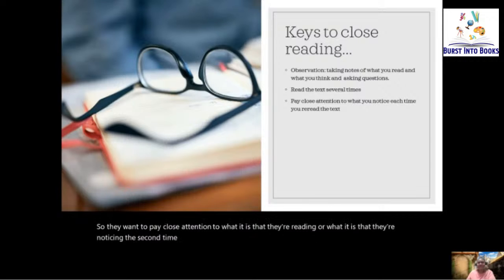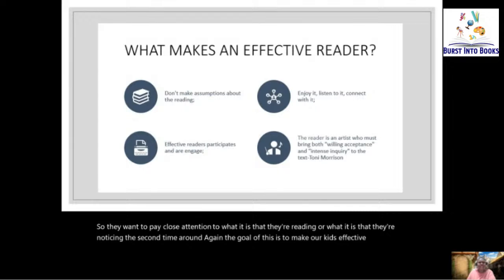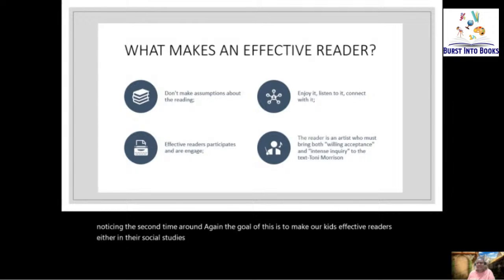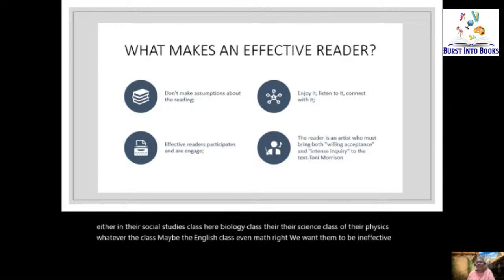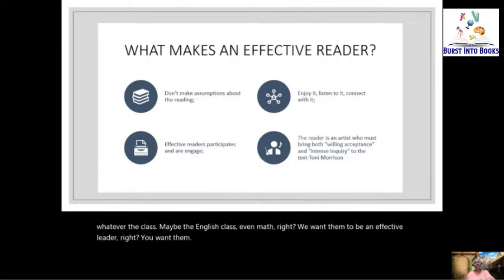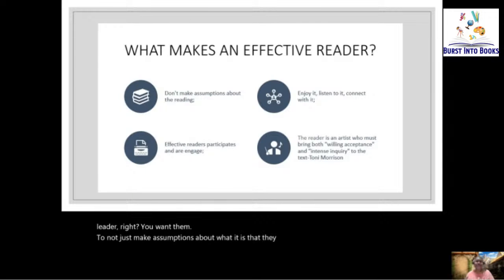Again, the goal of this is to make our kids effective readers, either in their social studies class, their biology class, their science class, their physics, whatever the class may be, the English class, even math, right? We want them to be an effective reader, right? We want them to not just make assumptions about what it is that they're reading.